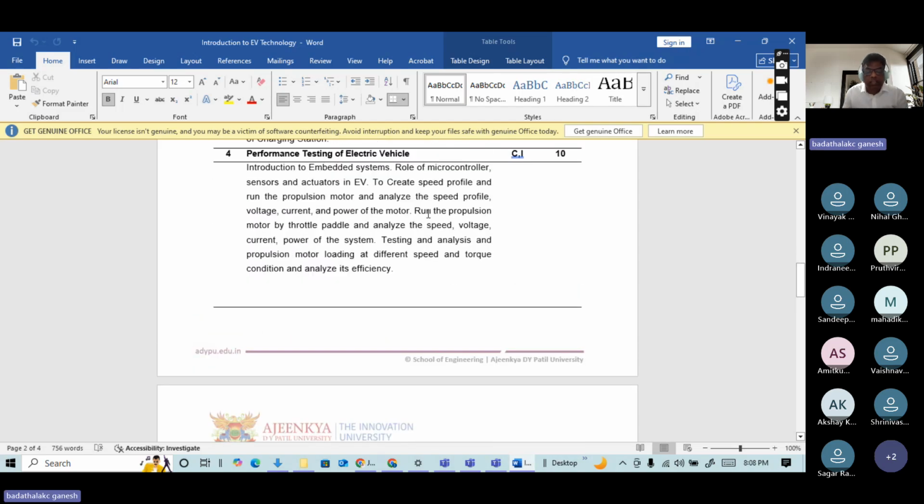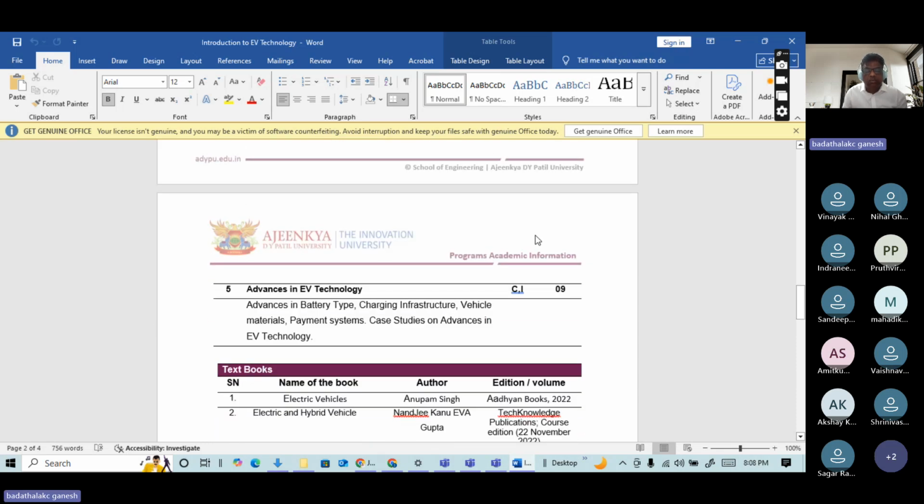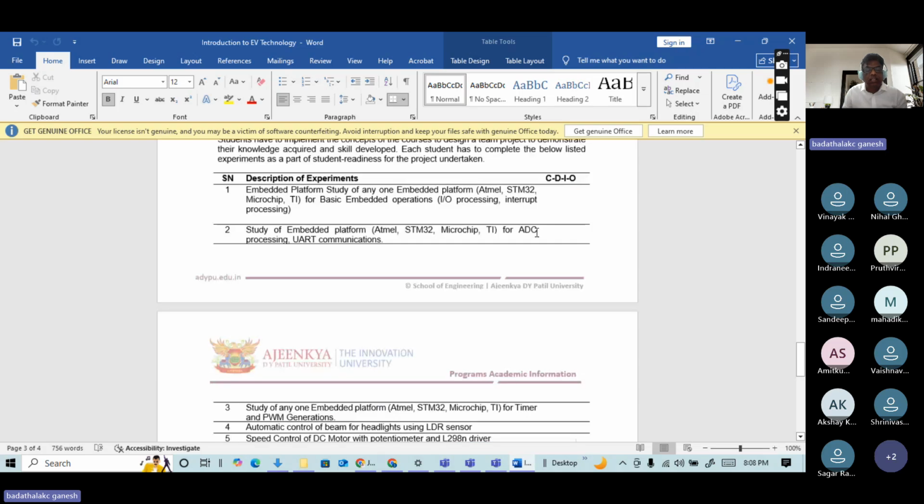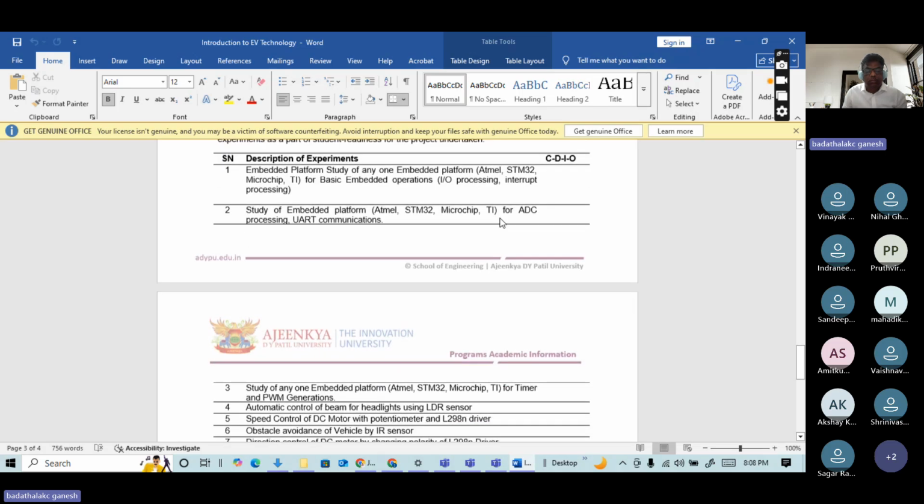We have DIY Guru collaborating with us for this program. They provided the kits for testing the battery load conditions and all that. On some one or two days toward the end of the semester, you need to come to the college, and we will be conducting all these tests. The fifth chapter covers advances in EV technology, and these are the books and some of the experiments we will be going ahead with.